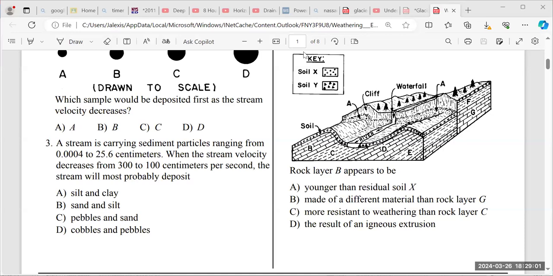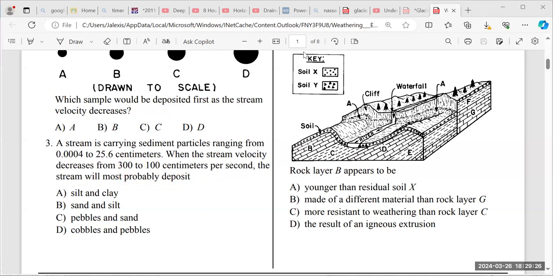Number three. A stream is carrying sediment particles ranging from 0.0004 to 25.6 centimeters. When the stream velocity decreases from 300 to 100 centimeters per second, the stream will most probably deposit what?